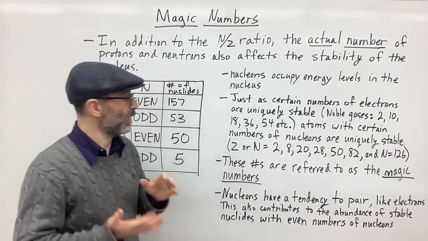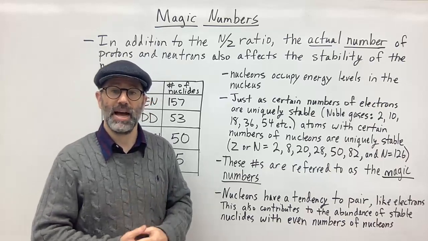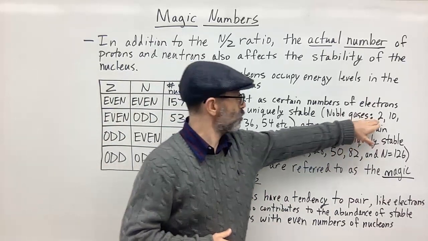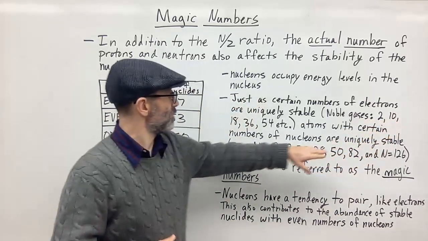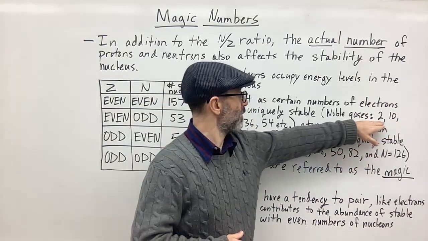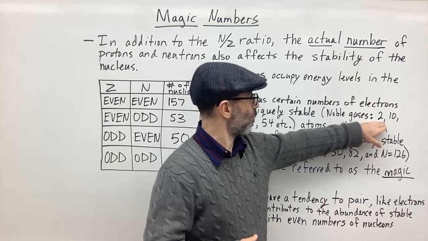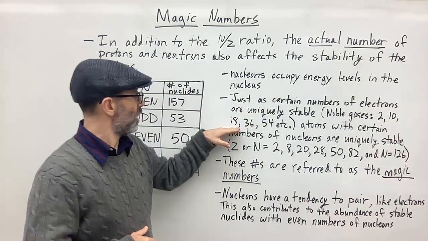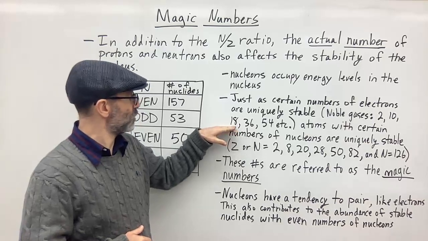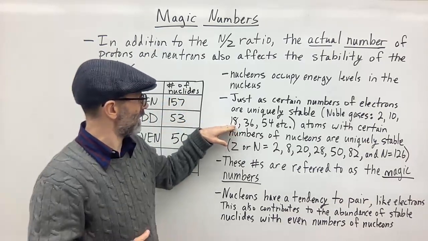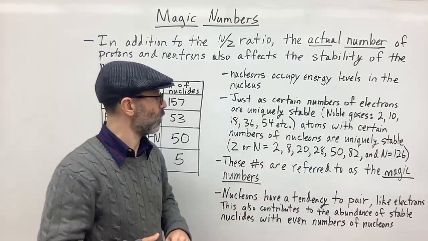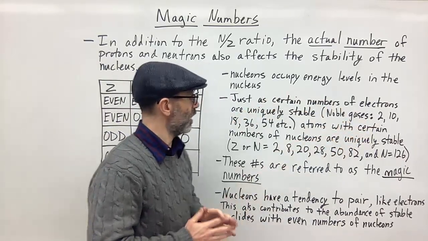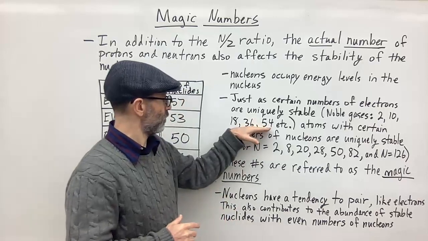Noble gases are particularly stable. They have a certain number of electrons that allow them to be stable. So 2, 10, right? Helium has 2 electrons total. Neon has 10 electrons total, and so on. Going down, you have 18, 36, 54, and so on. So these numbers are special for the electrons of particular atoms.